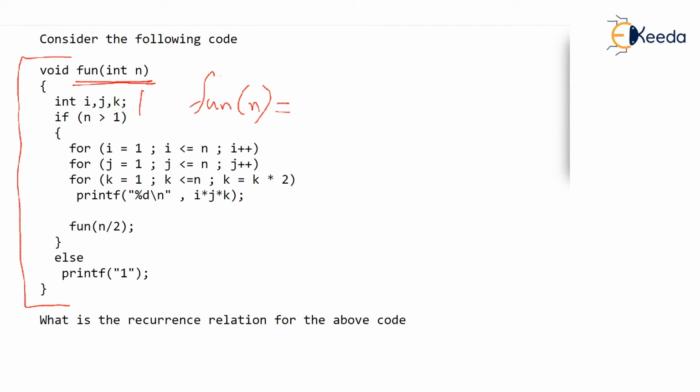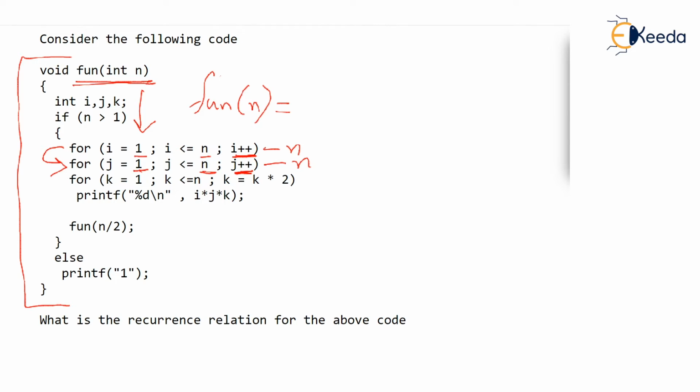Observe the first thing it does, it runs the for loop 1 to n times with i plus plus. So surely this loop will run n times. But then for every occurrence of this for loop, there is another for loop which also runs 1 to n with j plus plus. You see the increment is just plus plus. So this also runs n times.